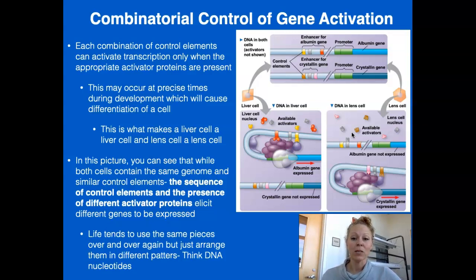So the environment is going to play a role in what activators are available. It is the sequence of control elements and the presence of different activator proteins that elicit different genes to be expressed. I think that's the main idea of this section. Life tends to use the same pieces over and over again, but arranges them in different patterns.